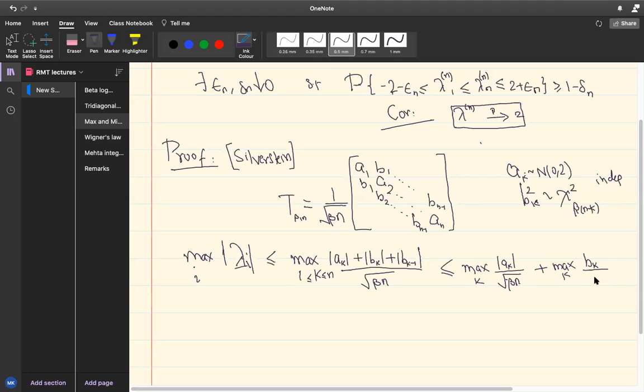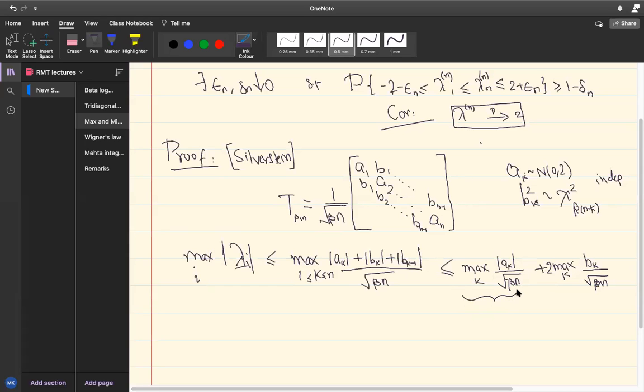BK doesn't need an absolute value. It's clear, right? BK and BK minus 1, so I bound them both by the maximum of this BK, so I get this. Now these are very explicit distributions and we understand it completely.